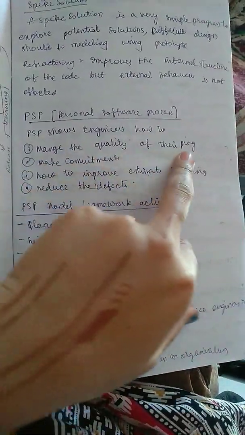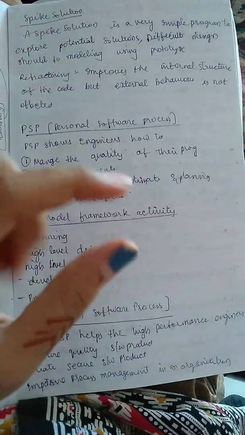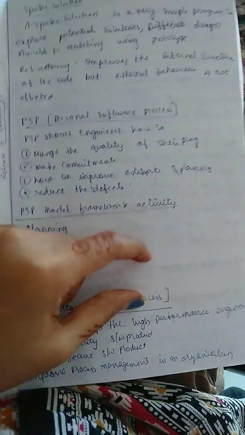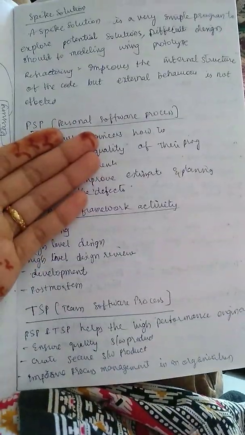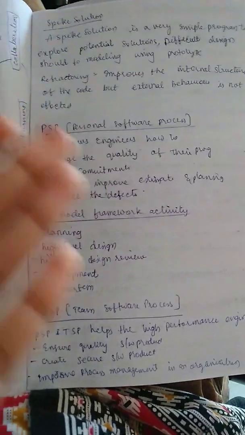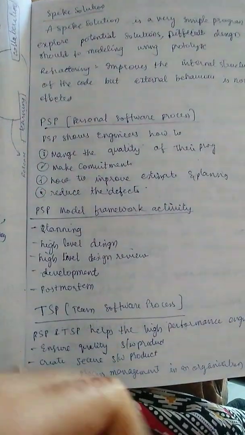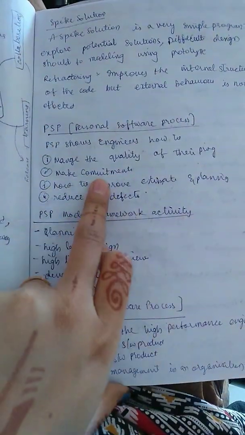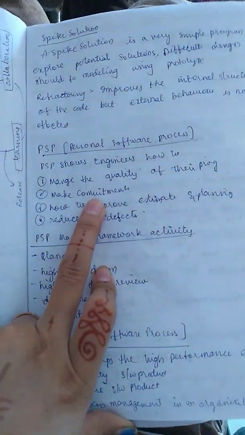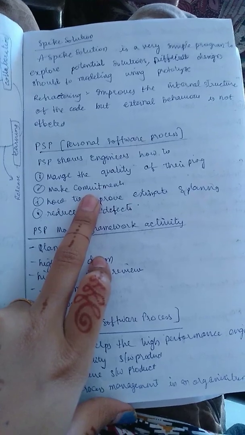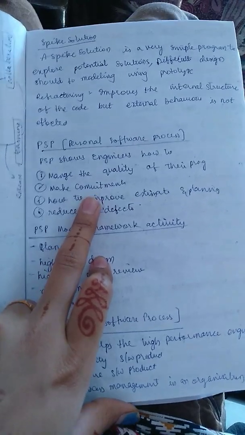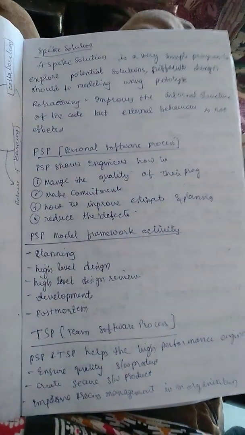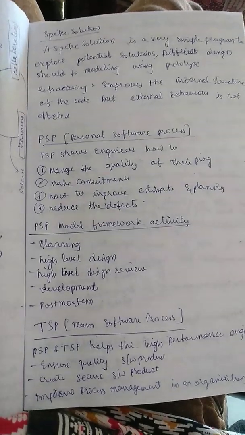Managing the quality of their project means they should follow some rules. It should be quality based. Like if you want to update, you have to update even after the last step. That is quality. Make commitments means taking the time limit and completing within the time. That is a commitment. And also giving the customer a good product is also a commitment.